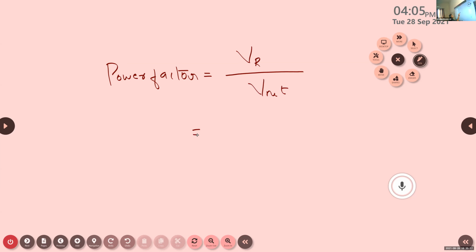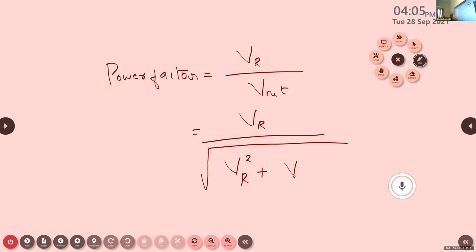That is VR divided by the root of VR square plus VL minus VC, the whole square, since we need to consider the potential difference across the entire components.